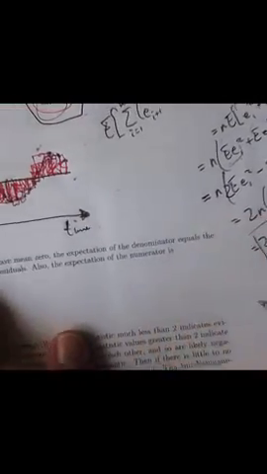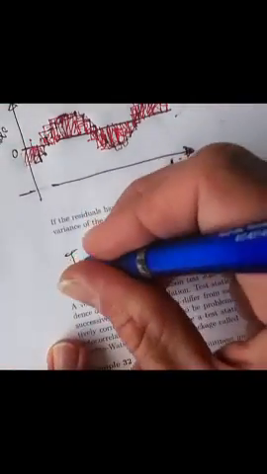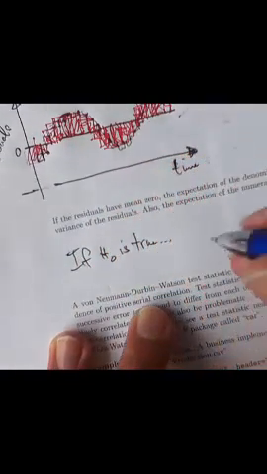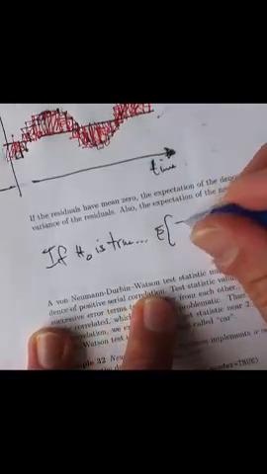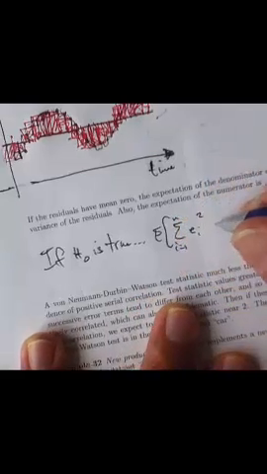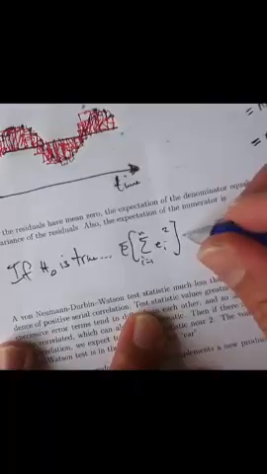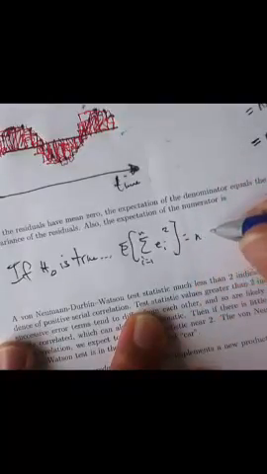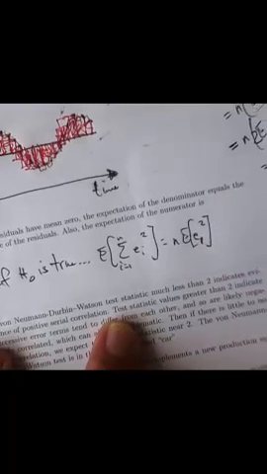What does the denominator evaluate to under the null hypothesis? I'll do that over here. If H naught is true, then if I take the expected value of the sum of these squared errors, all these behave the same, so this is just n times the expected value of any one of those squared.